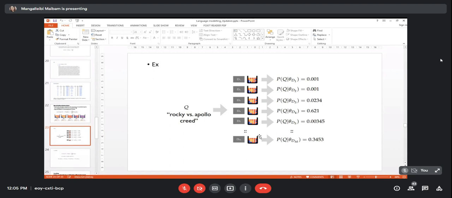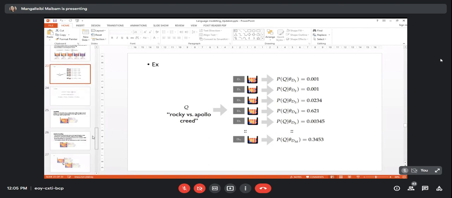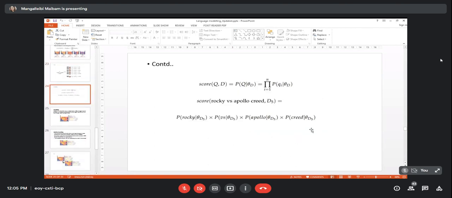Our document collection may contain more than 5 or 6 documents. In document language modeling, we will be having a larger collection, larger data. So we may have more than 1, 2, 3, 4 documents, up to DN documents. So let us see the example of how it's calculated.